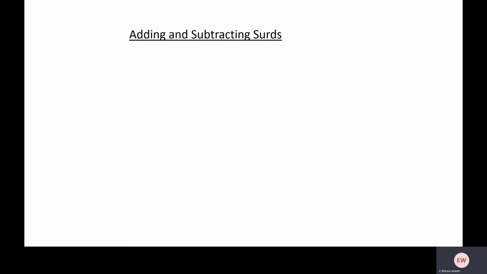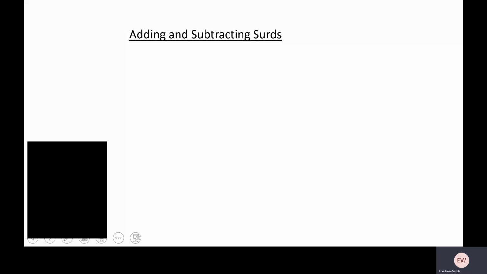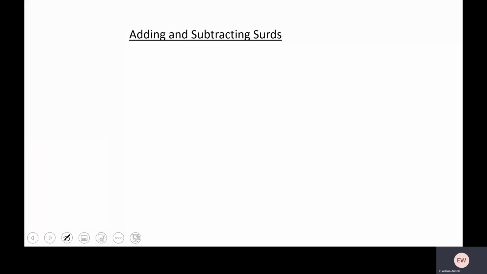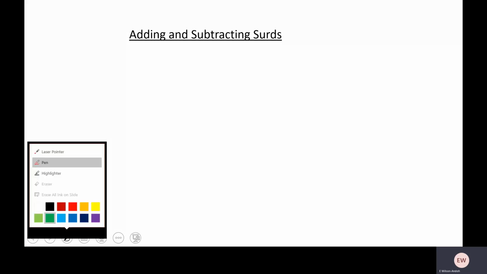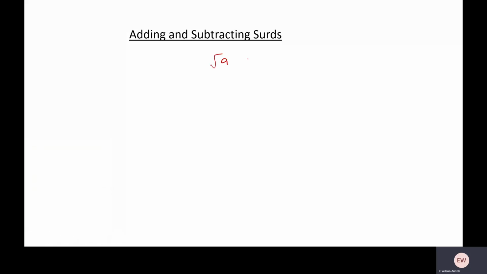In my previous videos on surds, we've looked at the rule for multiplication and division, and we've seen that with multiplication, if you have root A times root B, this is the same as root AB.